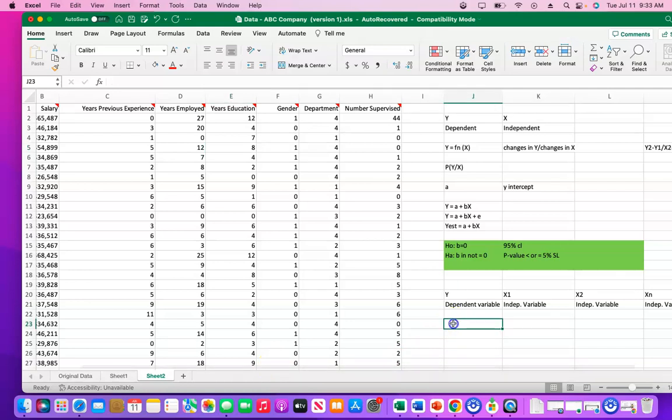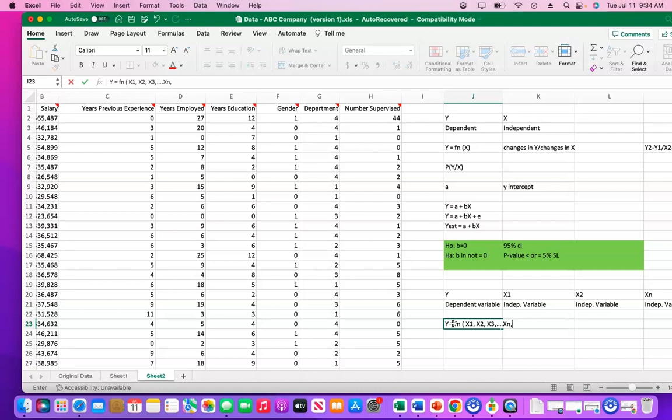And so in this case, we're going to say that y is a function of x1, x2, x3, and then xn, depending on the number of independent variables. But at the same time, we will still consider the error term.